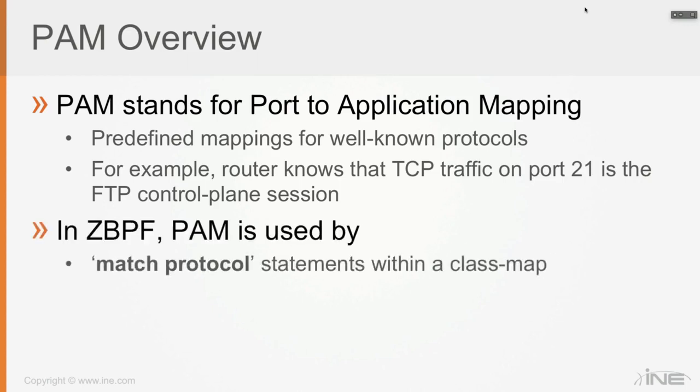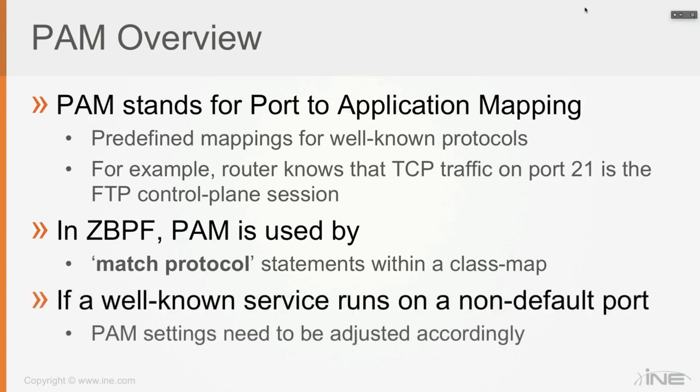In zone-based policy firewall, PAM is used by match protocol statements within a class map, like match protocol FTP, match protocol HTTP, and whatever application protocol you're matching with the match protocol statement. Now, if a well-known service like FTP runs on a non-default port, like port 2121, and you want to inspect FTP traffic, it means that PAM settings need to be adjusted accordingly.